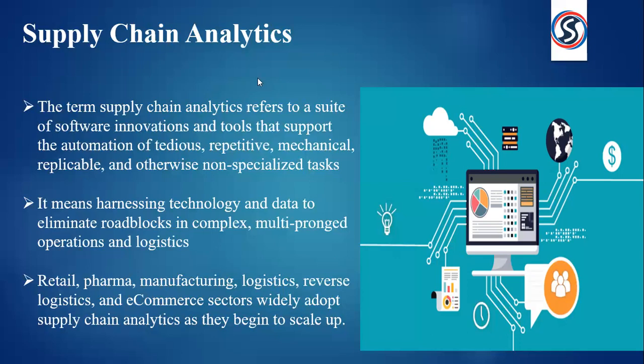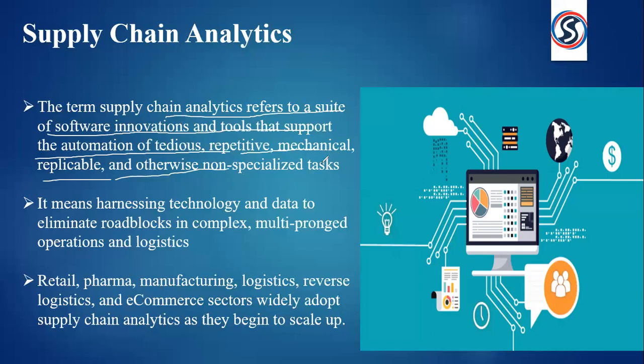Fine. So when we are talking about supply chain analytics, it is the analysis of information that companies draw from a number of applications tied to their supply chain. The same thing is written here. Supply chain analytics refer to a suite of software innovations and tools that support the automation of tedious, repetitive, mechanical, replicable, and otherwise non-specialized tasks.